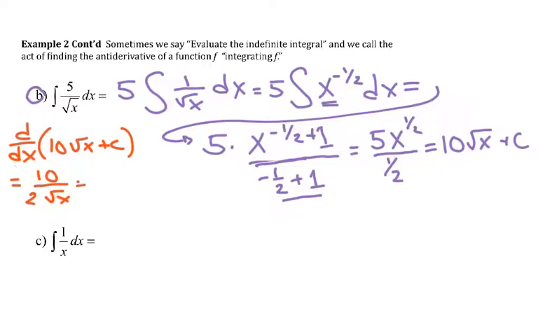And what is that? 5 over the square root of x. And that is what we wanted. So that's correct. So remember, a square root is a power, even if it's in the denominator. It's a negative rational exponent, and then we can use the power rule.